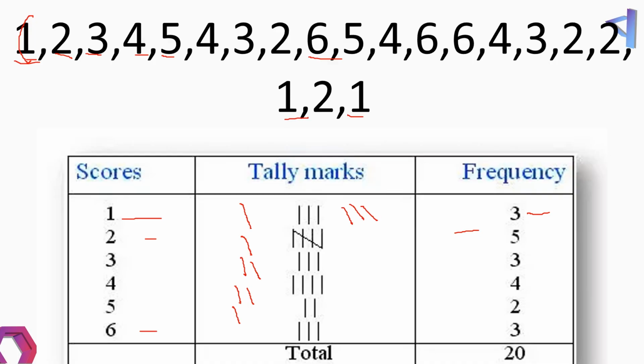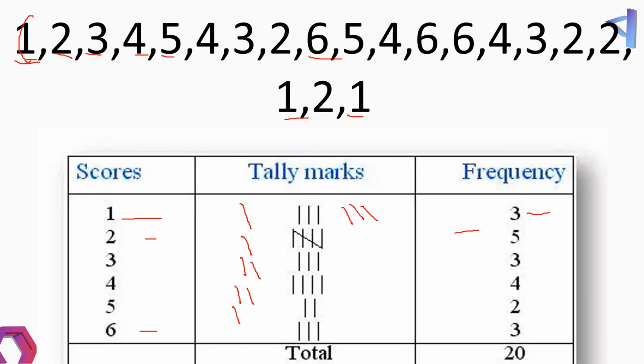Now, this is the right way to make a frequency table for both the discrete type and the continuous type. Once we get these frequency tables, either discrete or continuous, then we can find the mean, median, mode, or any other statistical measures, whether it's a measure of central tendency or measures of dispersion.